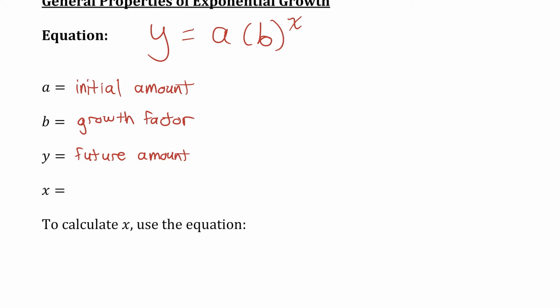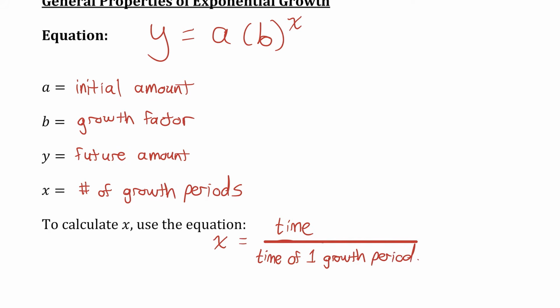Or an easier way to say that is how many times is the initial amount being multiplied by b. And we can calculate how many growth periods are going to happen, or how many times a is going to be multiplied by b, by simply doing the total amount of time divided by the time of one growth period. And there we have it. That's really all you need to know about exponential relationships. Let's see if we can use this template to model some exponential relationships and solve some questions.